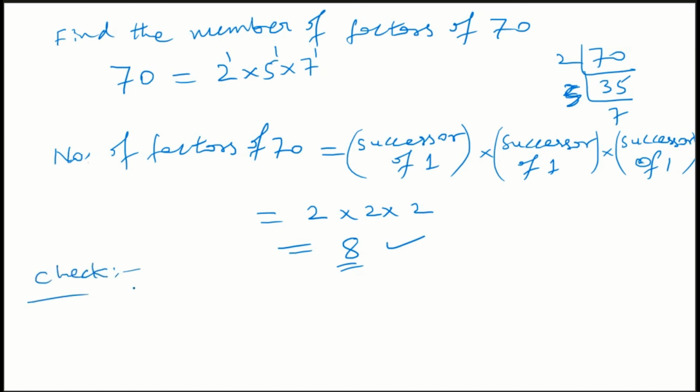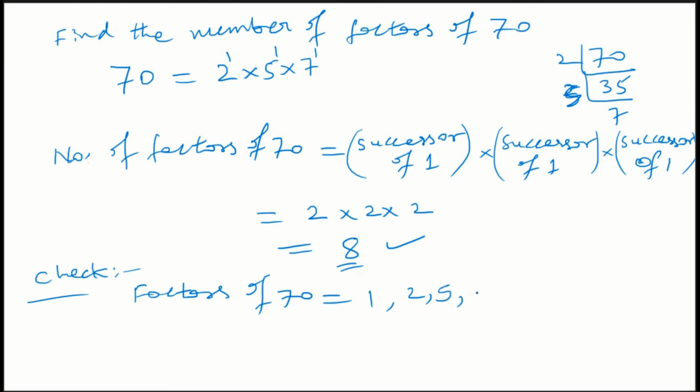by finding the factors of 70. What are the factors of 70? 1 is a factor, 2 is a factor, because 1 into 70, and 2 into 35. 5 is a factor because 5 tens I can write.